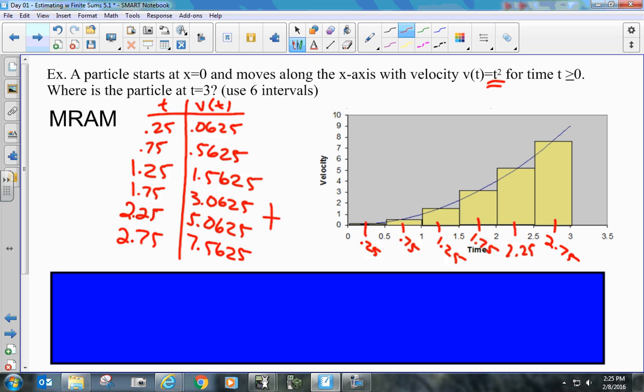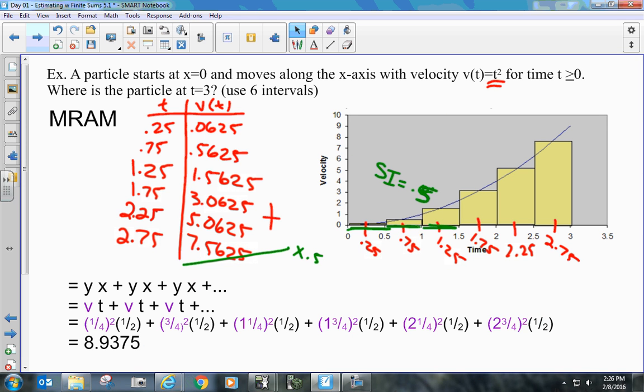So I need to add all these up and then multiply it by what? I multiply my sum by the width, which is 0.5. My subinterval length is 0.5. So I have to add those all up, then multiply it by 1/2 or 0.5.